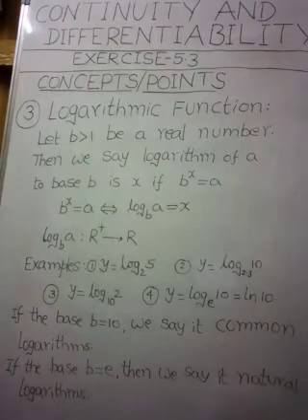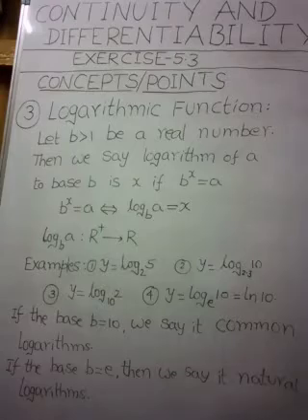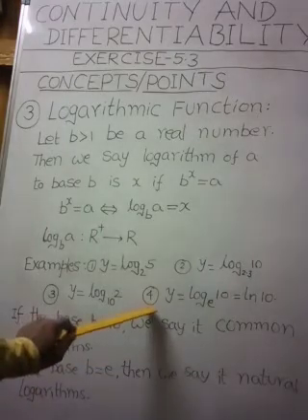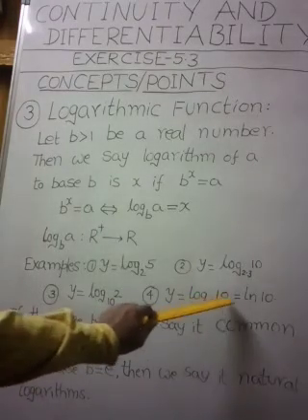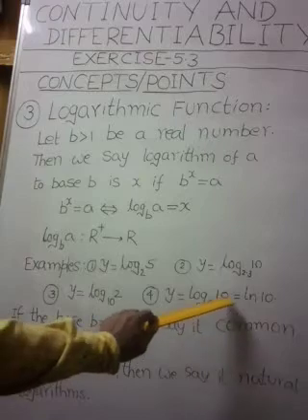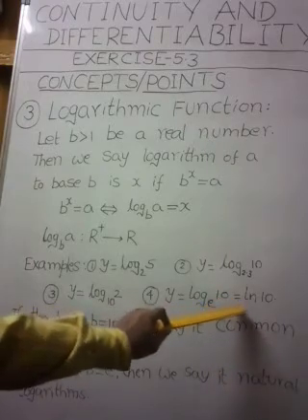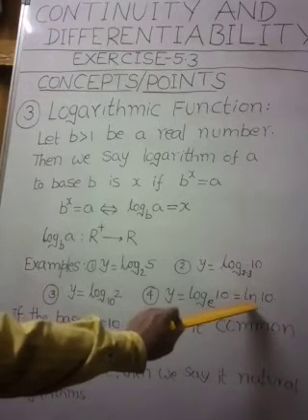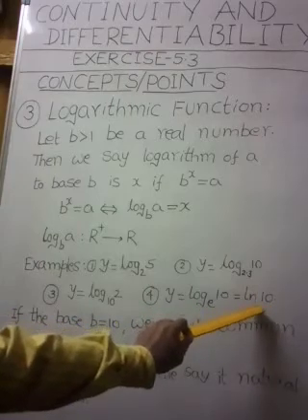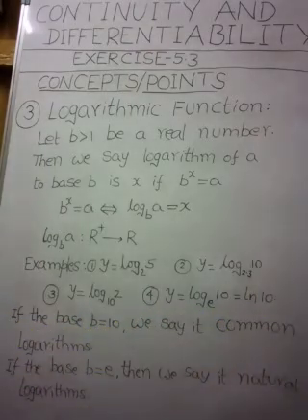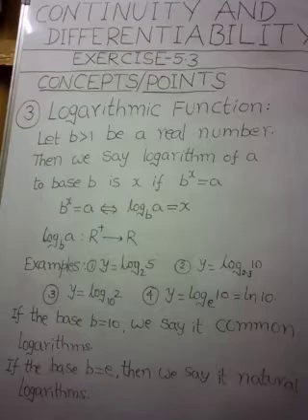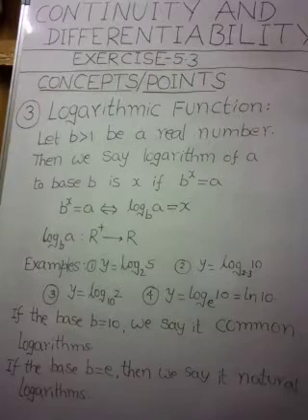Similarly, y = log 10 base e. In general, we denote it as ln 10. Here we are not writing any base. If any base is not given, we consider its base as e. Remember this point.